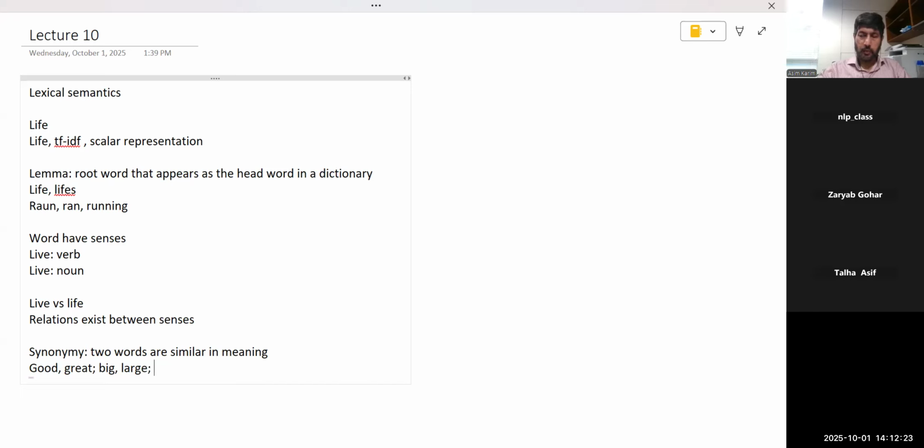And you can have various other examples as well. So synonyms basically means that two words and their specific senses have similar meanings. But one other concept in linguistics is that whenever we say they are similar, they are never identical.